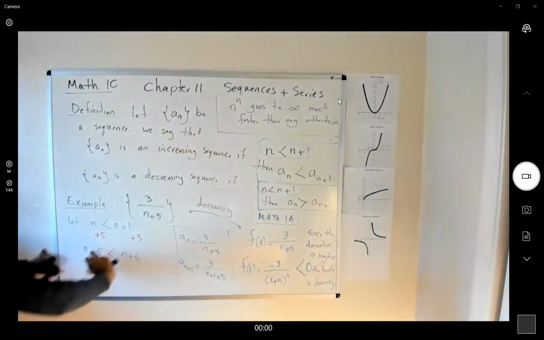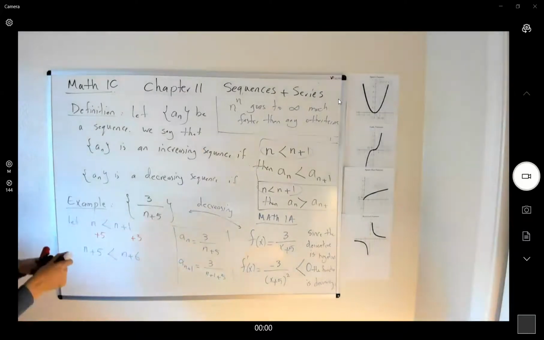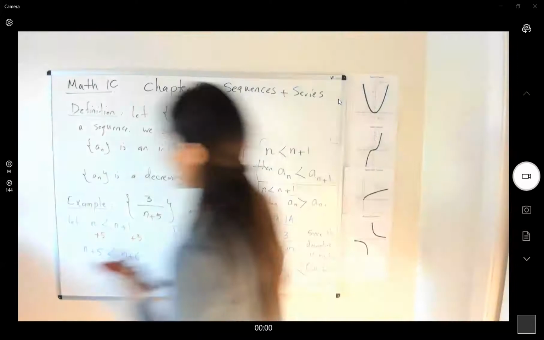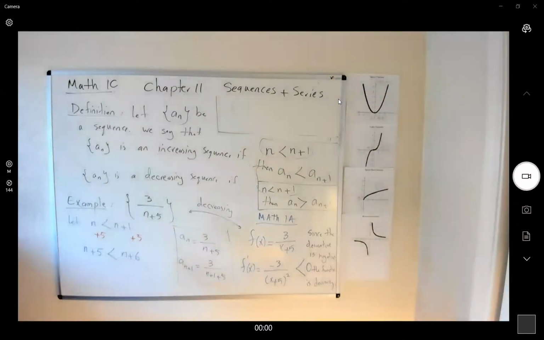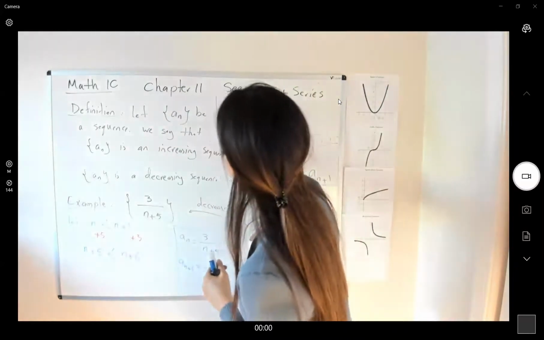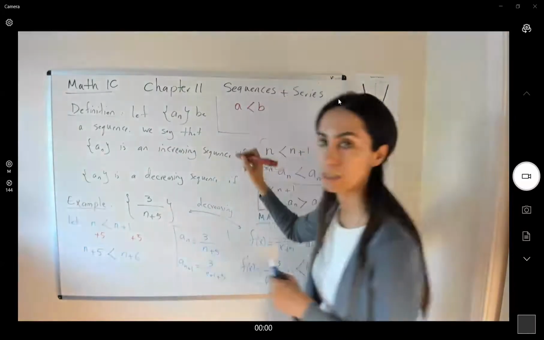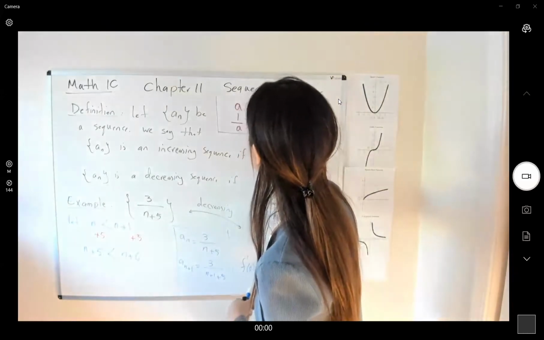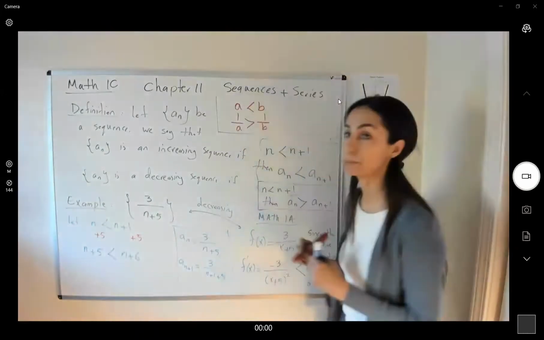Now I'm going to flip these two. Remember that if a is less than b, then 1 over a, if you flip this, is greater than 1 over b.